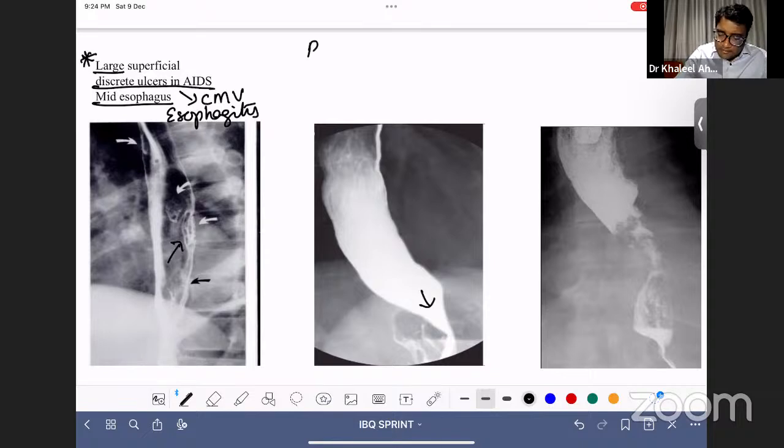This is what is called bird beak, also called rat tail appearance. This is achalasia cardia.